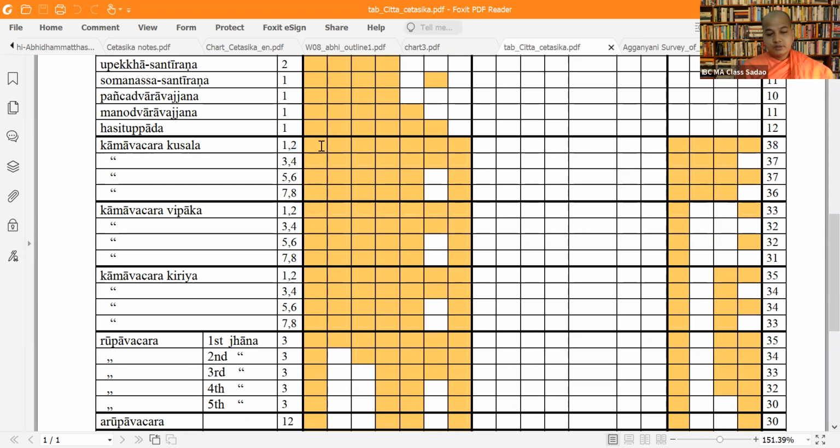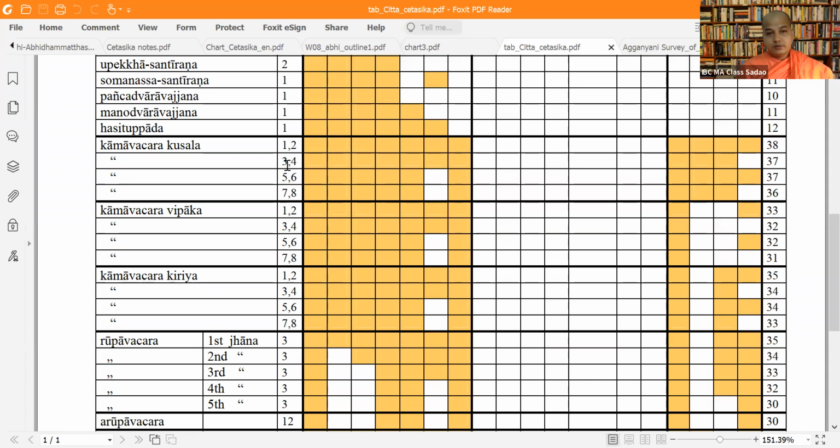Again you have 7 universals, Vitakka, Vichara, Adimukha, Viriya, Piti, Chanda. And then from this section, you have 19 Sobhana universal Chaitasikas, 3 Viratis, 2 Appamannas, and Panya. Altogether, 38.